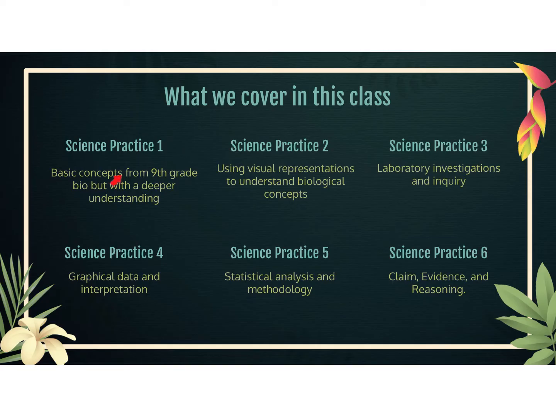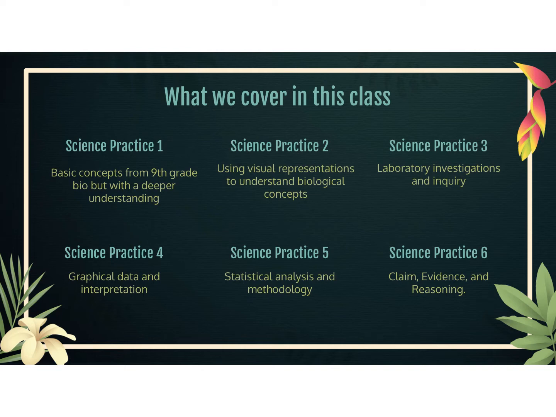So Science Practice 1, for example, is kind of the material of what you learned in ninth grade, but it is going to go into a lot deeper of an understanding. A great example is the way that we look at photosynthesis and cellular respiration. It's not enough to know where they take place or the chemical reactions.